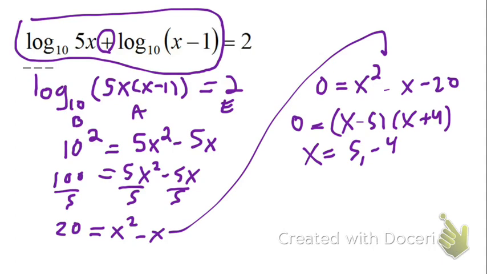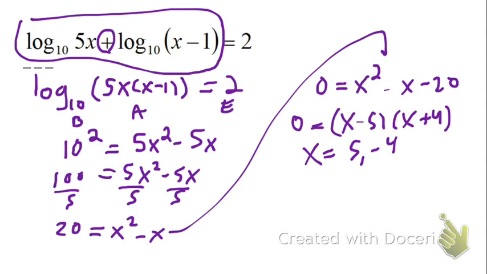We should double check that that works because logs have restricted domains. Quadratics sometimes give us extraneous solutions, so we might get a number that would be a domain restriction.